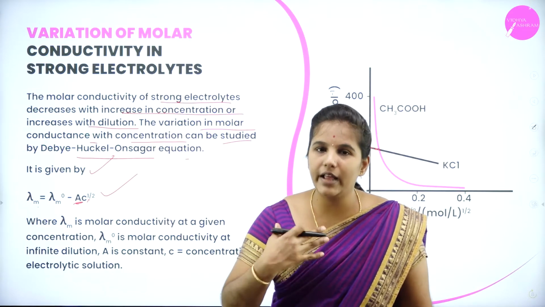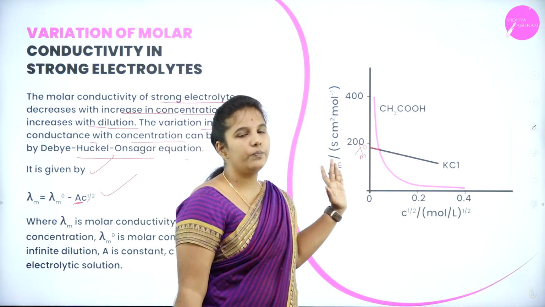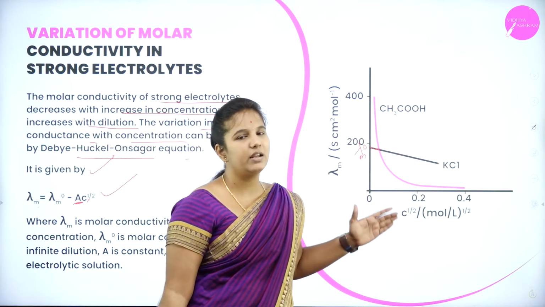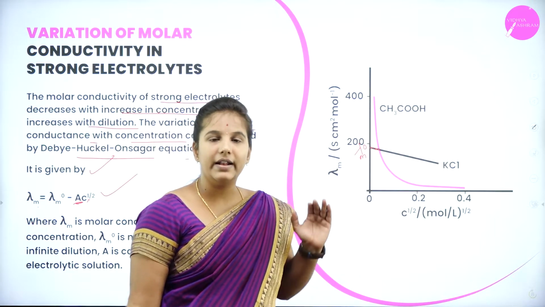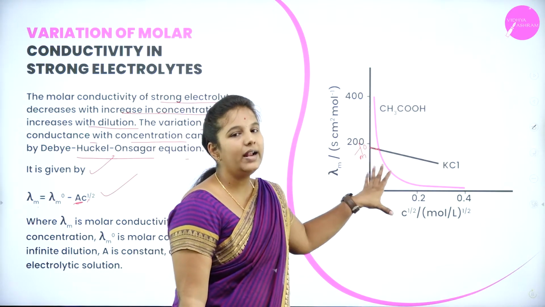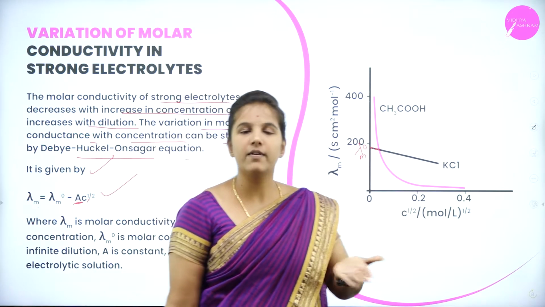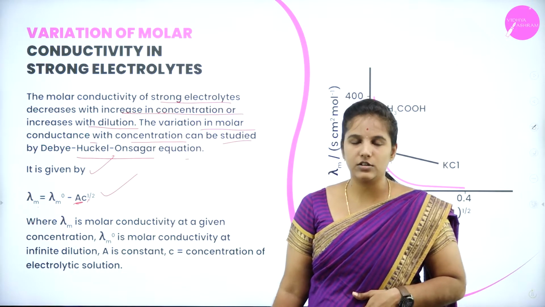Also, at infinite dilution, we have observed that the concentration becomes low. That is also known as limiting molar conductivity, defined as the conductivity of an electrolytic solution at infinite dilution. Hope you all understood the graph for the strong electrolyte.